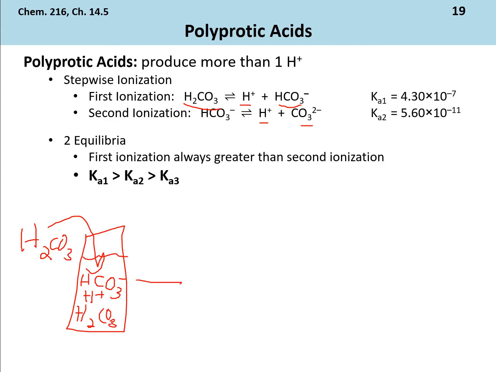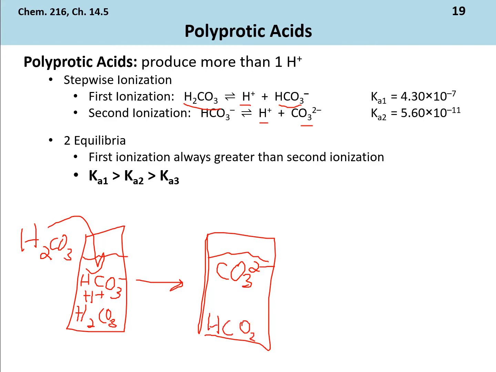Now I have some HCO3-, and that's going to fall apart to give me CO3 2-. But I'm still going to have some of the HCO3-, and some of that H2CO3 from the initial one.